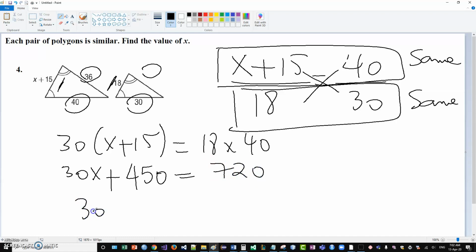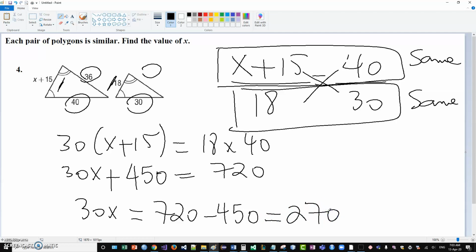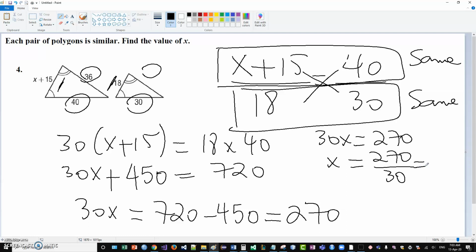So 30x equals 720 minus 450, which is 270. So 30x equals 270. That means x equals 270 over 30, which is 9. So x equals 9, and that's our final answer.